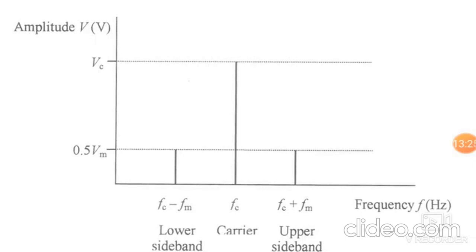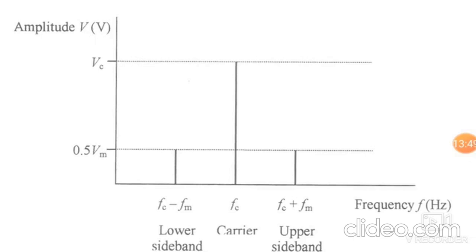The output waveform consists of three important terms. One is the LSB term. LSB stands for lower sideband, another term is called the upper sideband term, and another term is the carrier term. So the amplitude modulated waveform consists of the carrier term, LSB term and USB term.